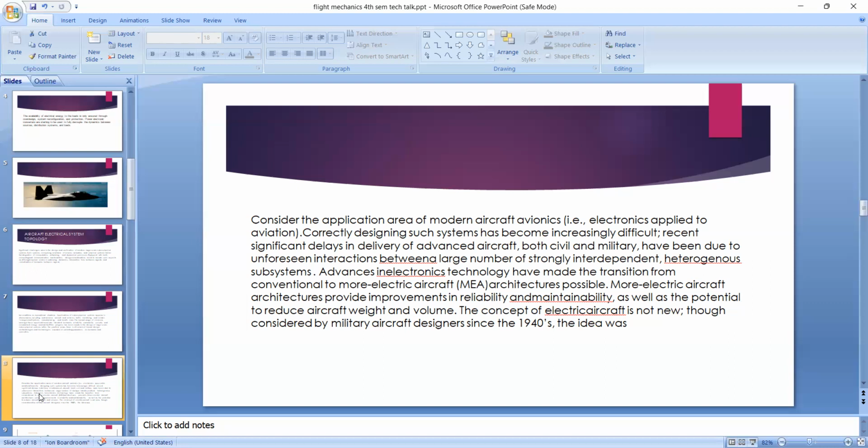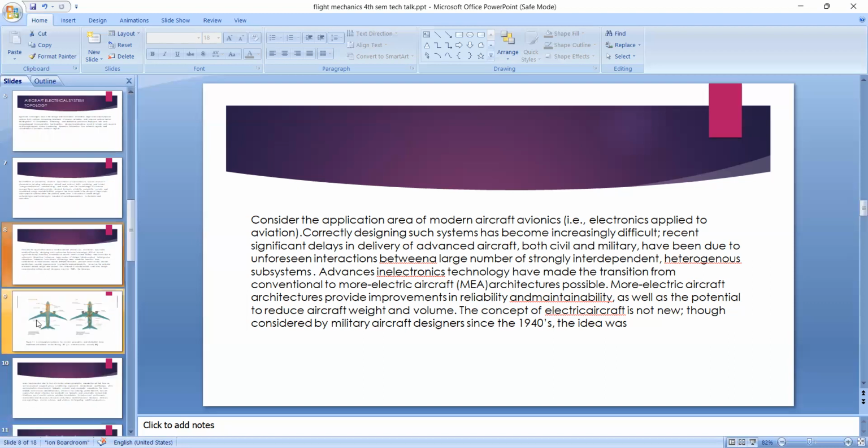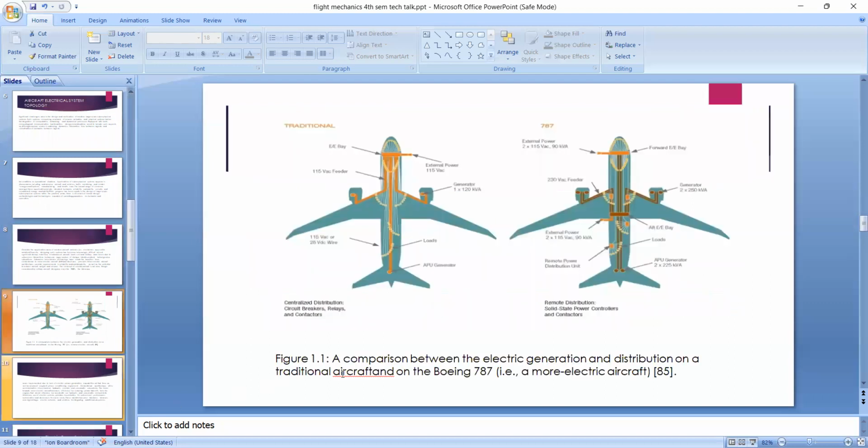The concept of more electric aircraft is not new, though considered by military aircraft designers since the 1940s. A comparison between the electrical generation and distribution on a traditional aircraft and the Boeing 787.